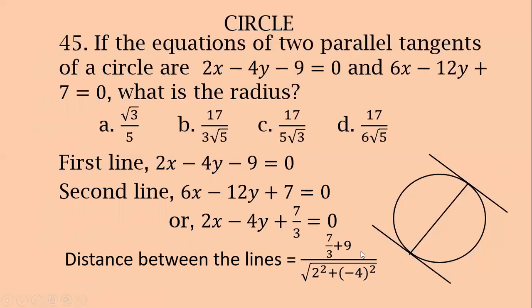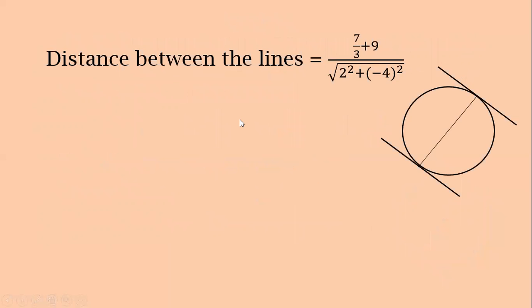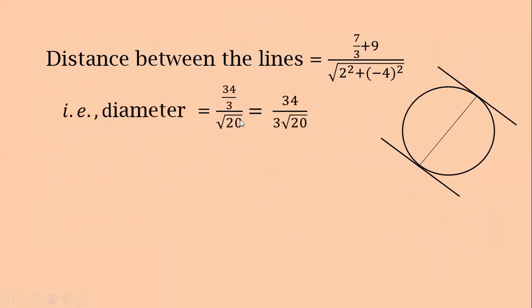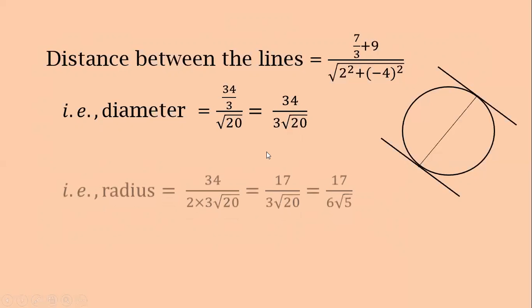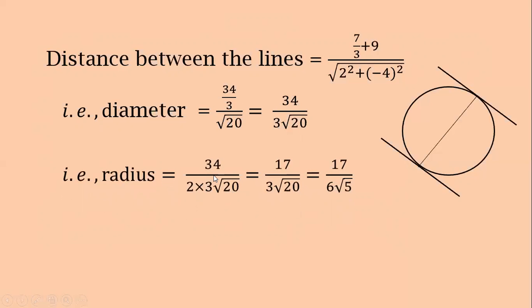This is the diameter, so the radius is this divided by 2. Then 17, and if we put 4 outside, we get 2, and 2 into 3 is 6. So this is the radius of the circle.